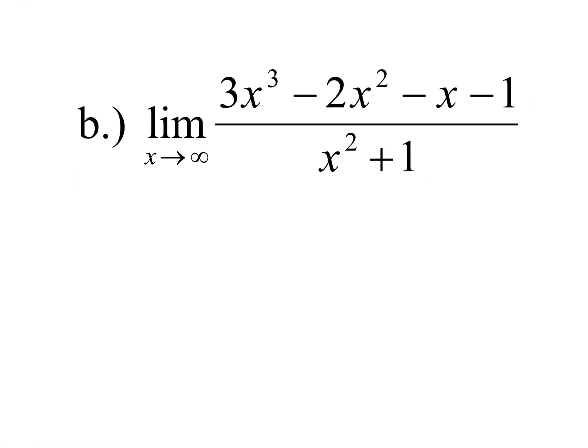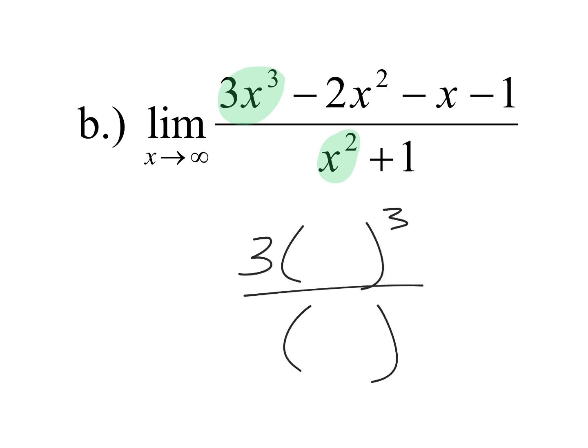Let's see, this one we have degree on top is greater than the degree on the bottom, so that puts us into scenario 3 up above. So what we're going to have to do here is take my leading term, what I highlighted there, just like we did above, and the leading term of the denominator. What I'm plugging in here is a positive number because x is approaching positive infinity.